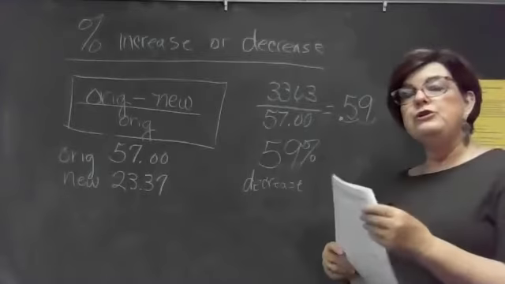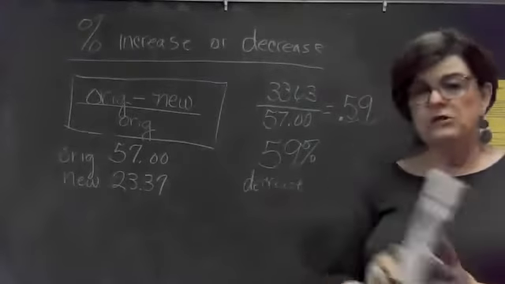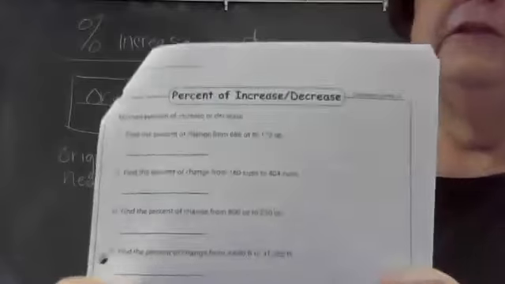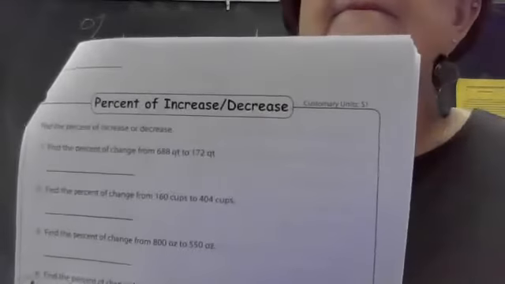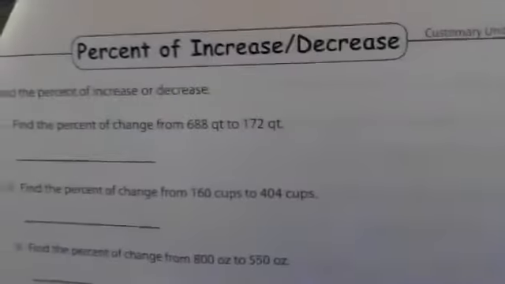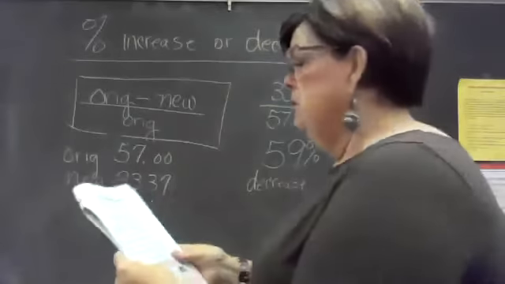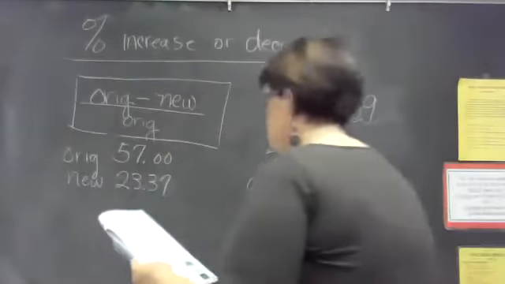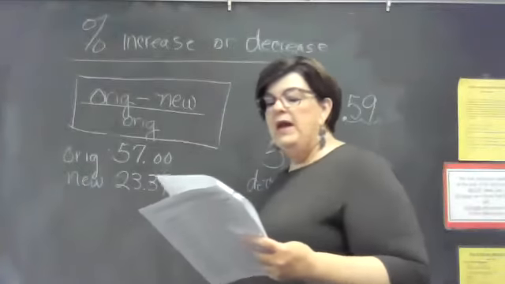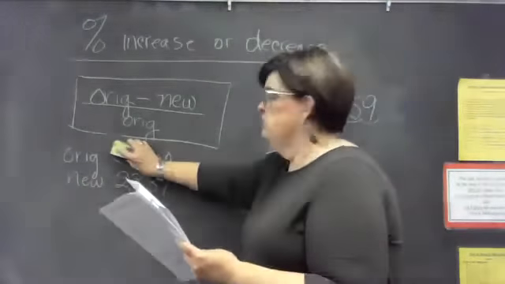Okay, we're going to go to words. Don't let it scare you. We're on page 10 now. Do y'all have any questions yet? No, ma'am. Okay. Percent increase or decrease, but we're just going to use words. It's no big deal here. It says find the percent of change from 688 quarts to 172 quarts.